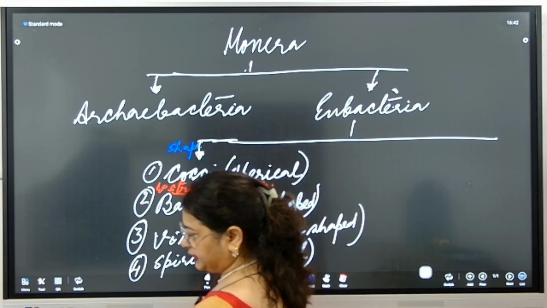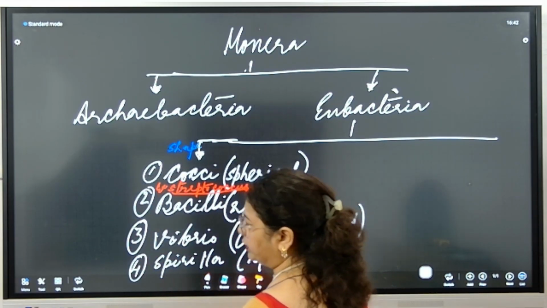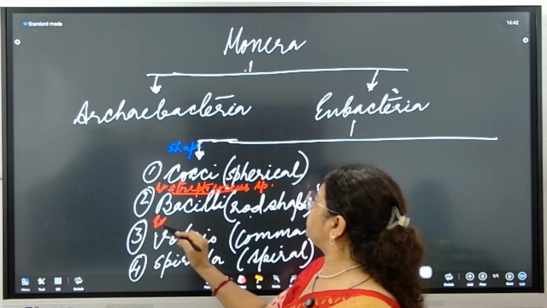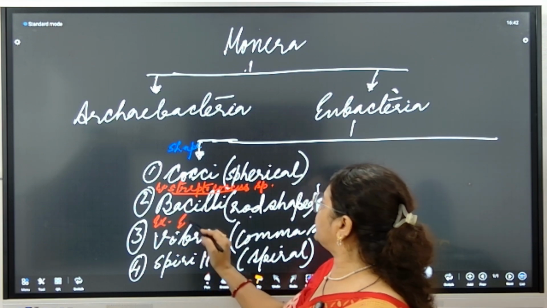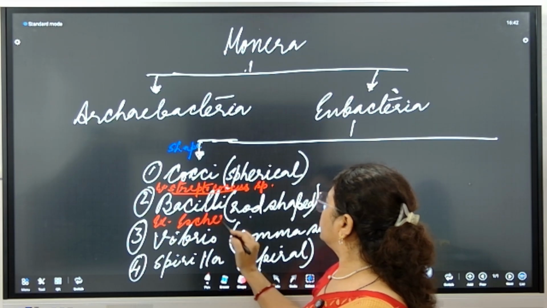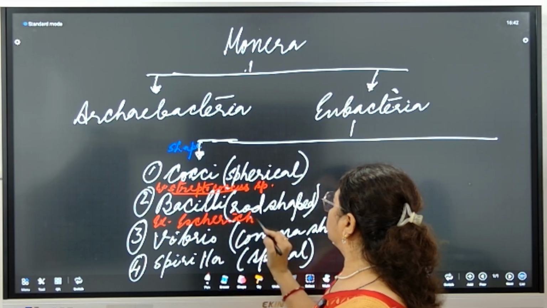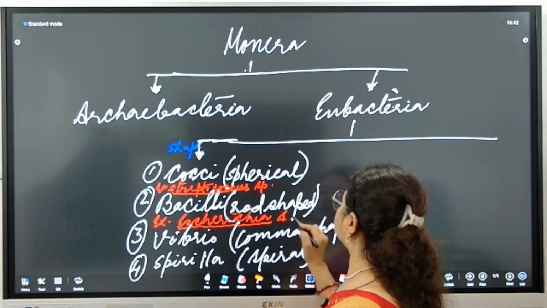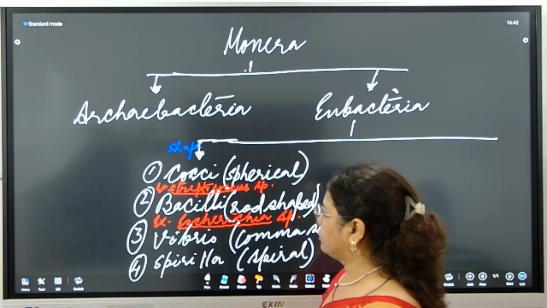Now bacilli, that is rod shaped. What you will write? Escherichia. This example is very important for class 12 also. More examples are there, but we are just giving one here.